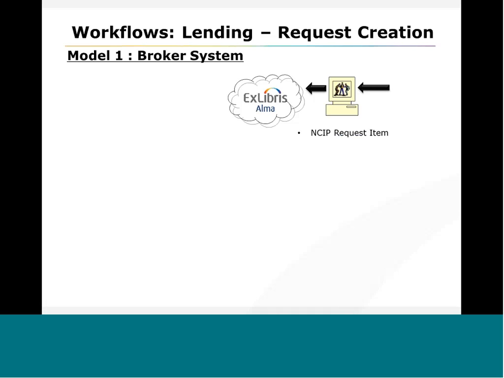This is done using the NCIP request item message, which notifies Alma exactly what resource is requested. In the profile supported, this is done by supplying the OCLC number to Alma, so that Alma uses this number to find the resource, the inventory resource within Alma that matches this request.